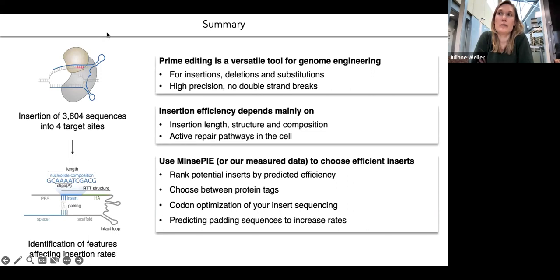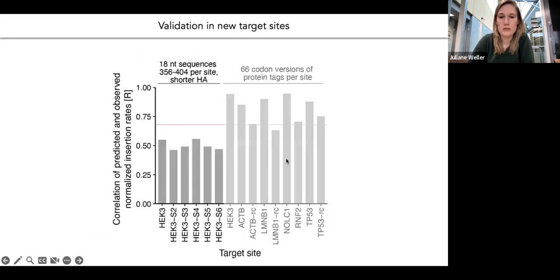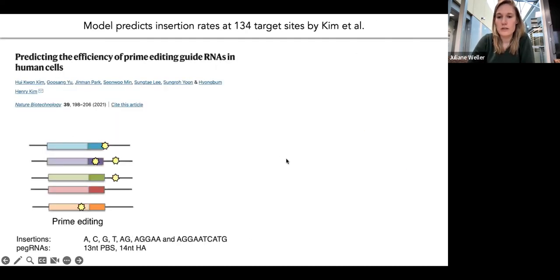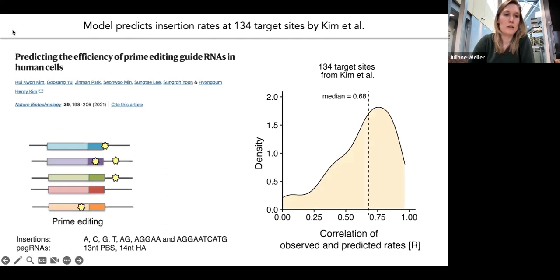Or you can use DPE, another tool, to find a good target site and then predict different insert sequences with MinSPy. But we've seen when we validated the model, I think I can show the data for that, on different target sites, for example on the DPE data set, that for most target sites, the effects that we've seen for insertions like length and nucleotide composition still play a role and still hold.